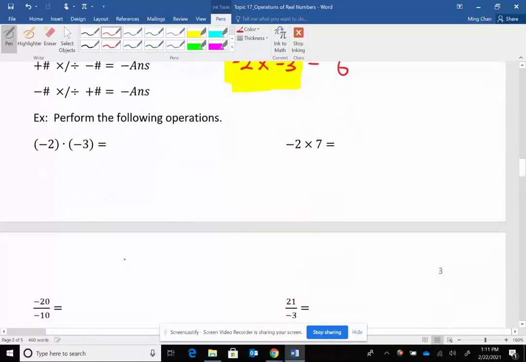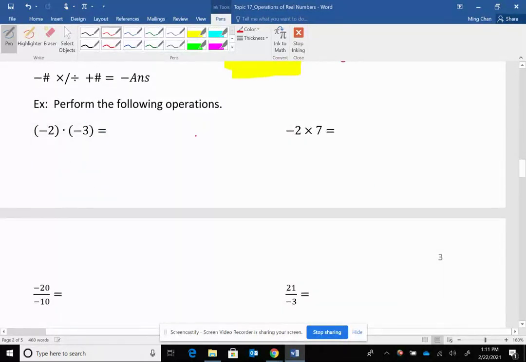Okay. So here I just wrote two different ways of writing multiplication. So this is negative 2 times negative 3. We already said it's positive 6. Gotta say times. Negative 2 times positive 7 is going to be negative 14, right? A negative number times a positive is a negative answer.